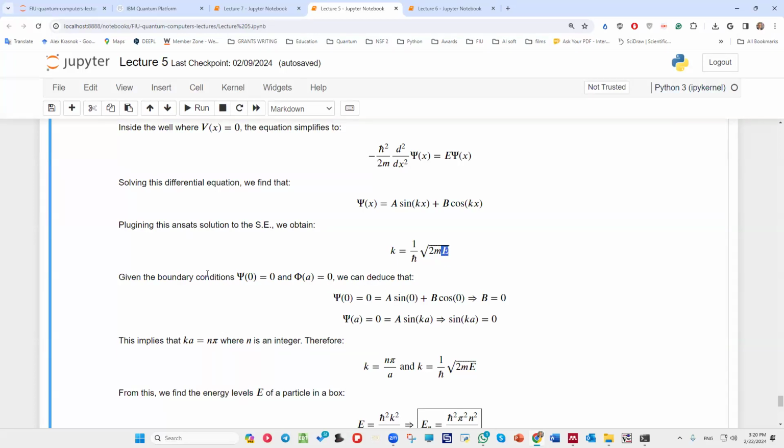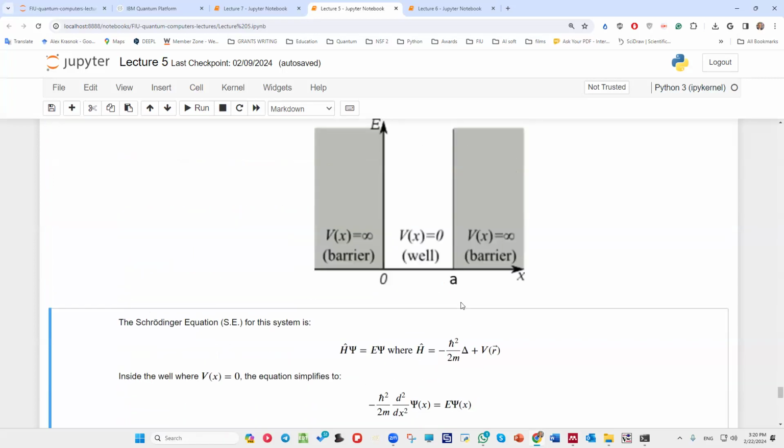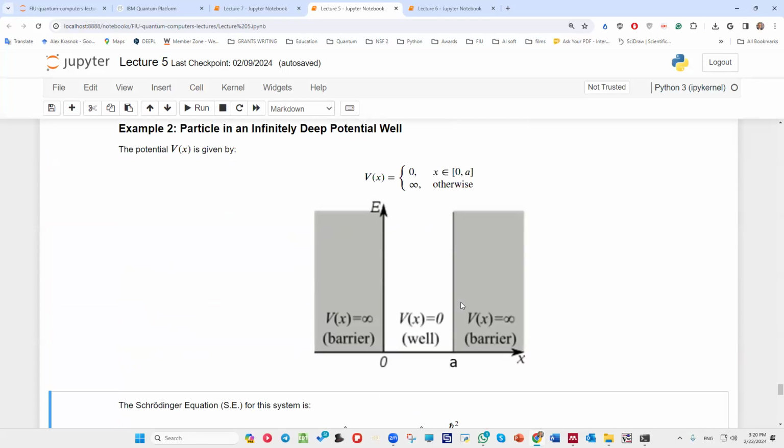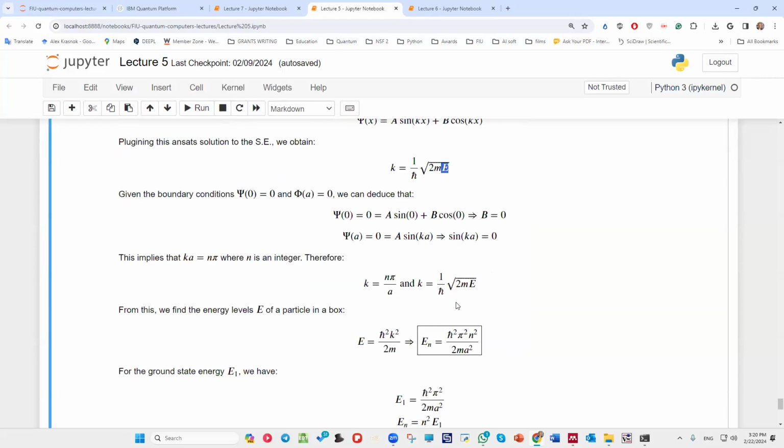Then we apply the boundary conditions. I go a little bit more into detail here because we didn't have time to discuss this point last time.